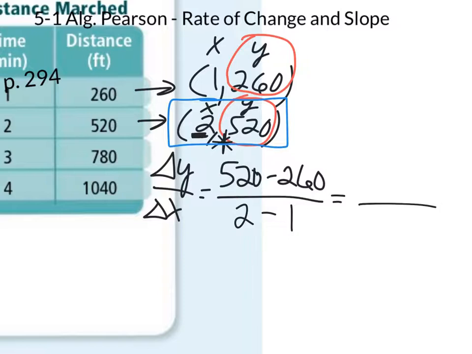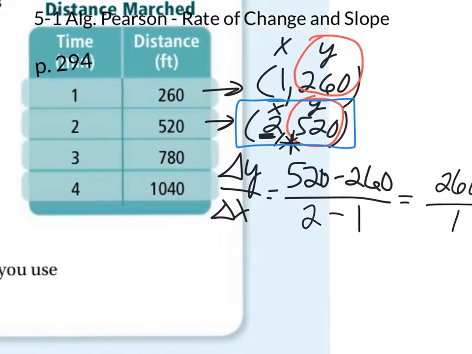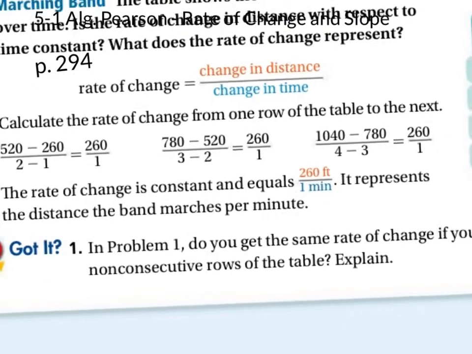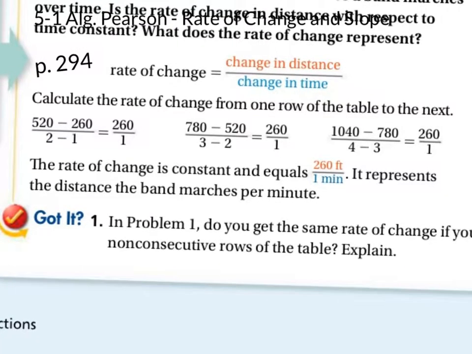So anyway, you subtract just like the book showed there, and you get 260 over 1, which is the same as 260. And they did that for several points just to show you that it was the same for all of them. They did 3 different ones, and they got 260 over 1 for all of them. It's change in y over change in x.